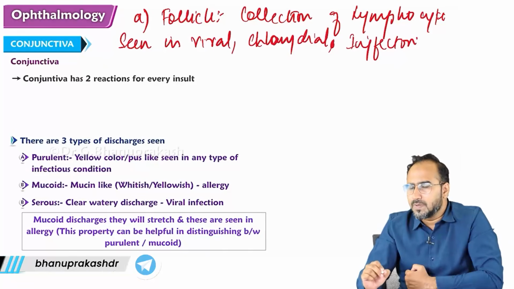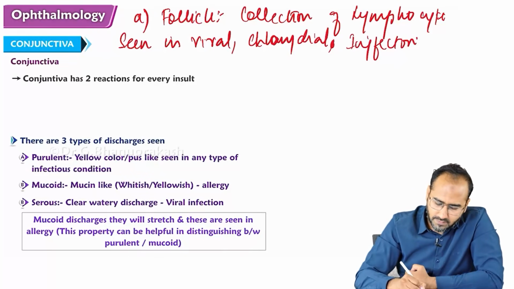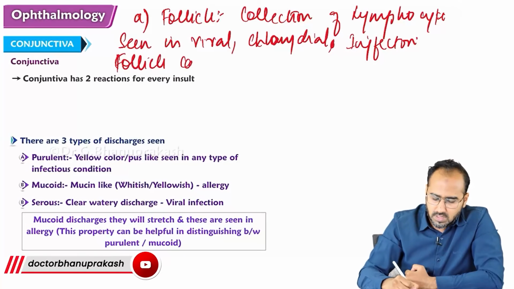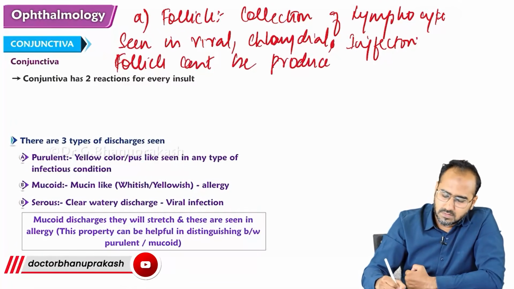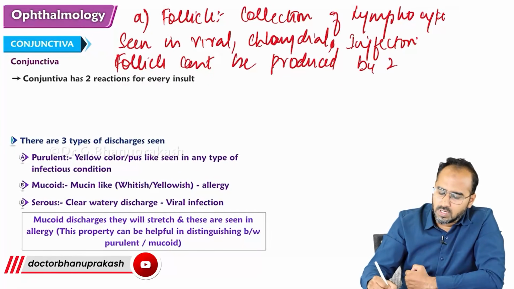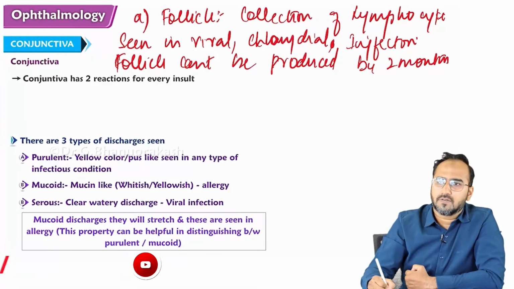Follicles can't be produced before 2 months of age.